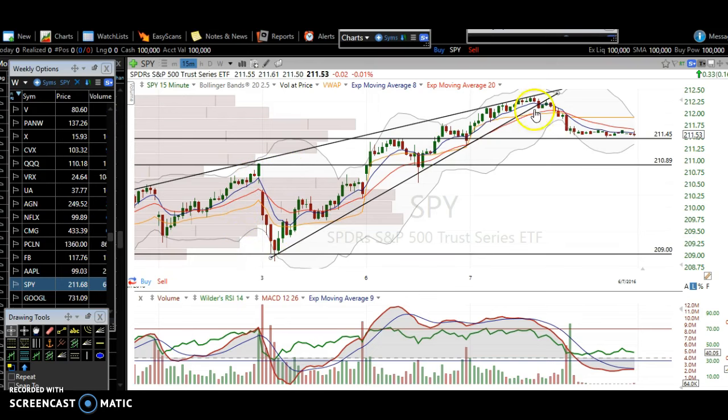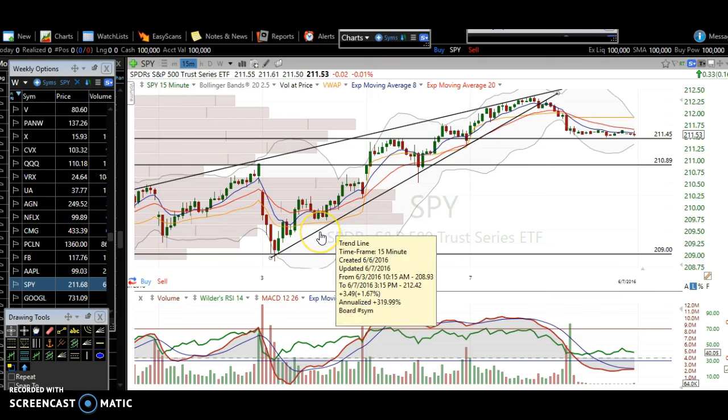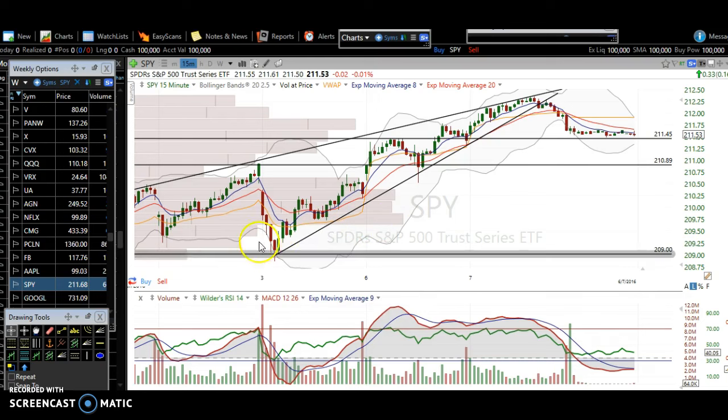I wasn't personally ready to short this up here, because normally a rising wedge is a counter-trend pattern, so you're going against the prevailing trend, which is up. But it is a good pattern here.